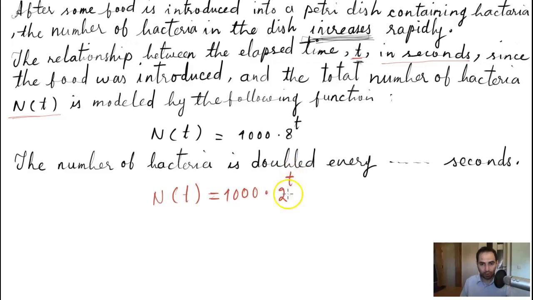When t is equal to 2, then you have 2 factors of 2 being multiplied by 1000. So every second the population is being doubled and doubled and doubled.